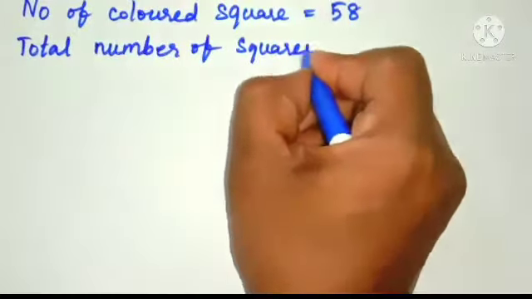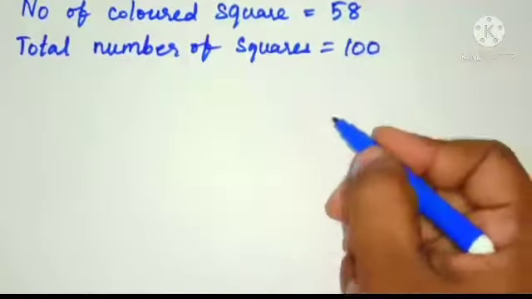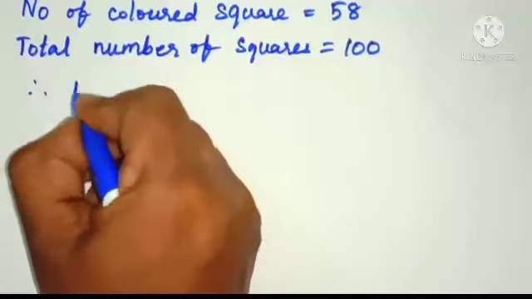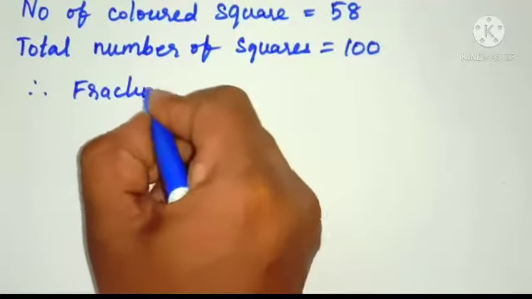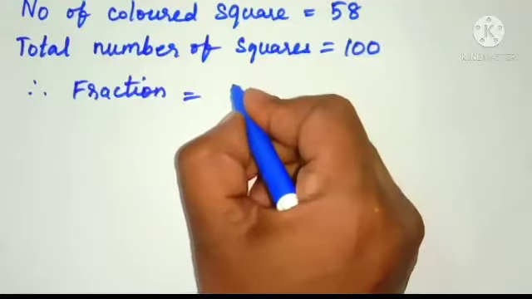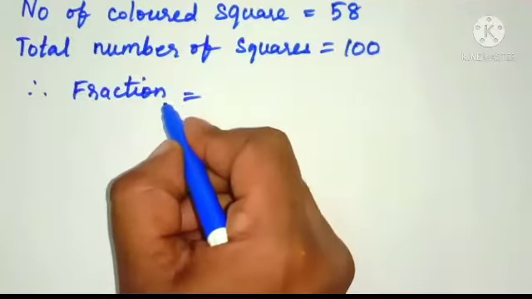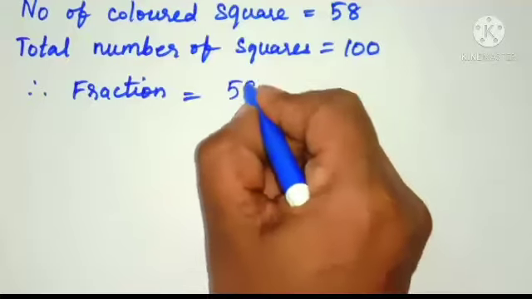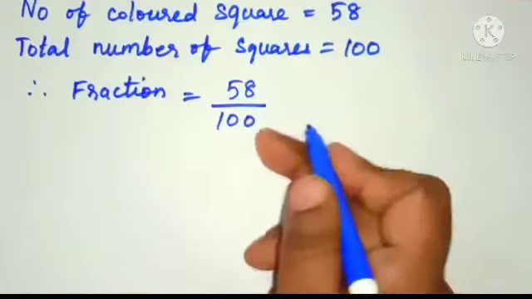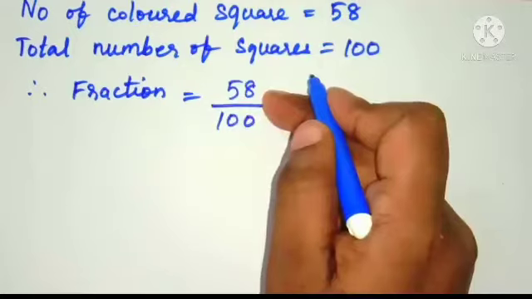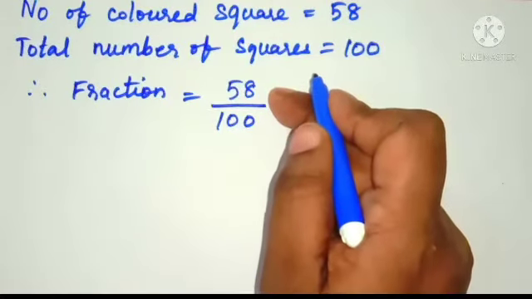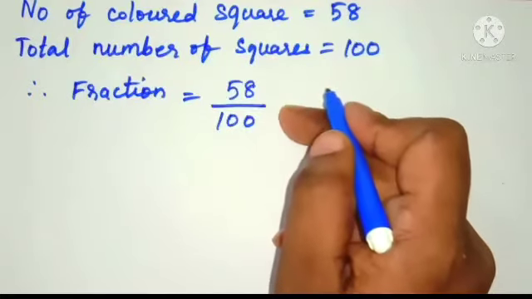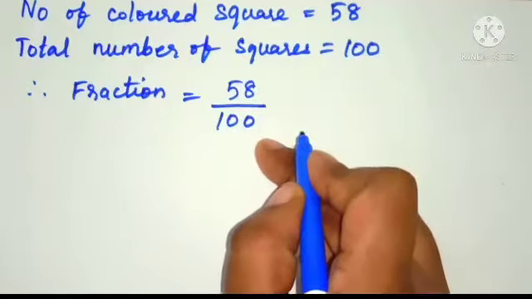We know that fraction is part by whole. Here the fraction of colored squares is 58 out of 100. In 100 boxes, 58 boxes are colored. Thus, the fraction of colored squares is 58 by 100.